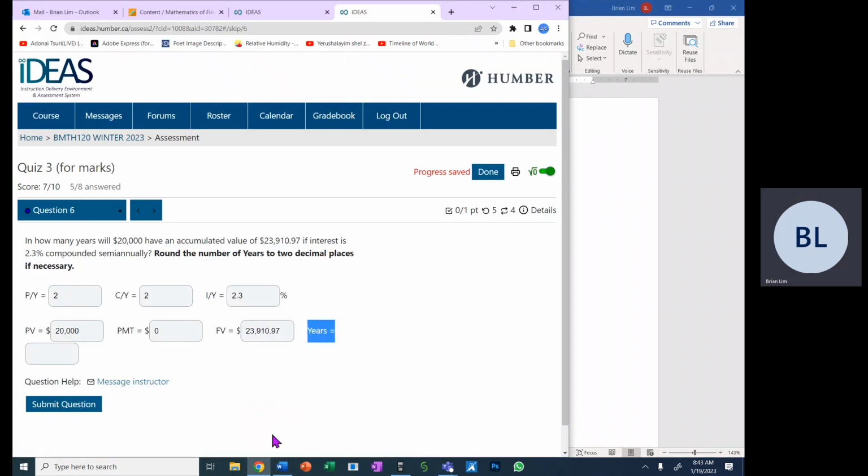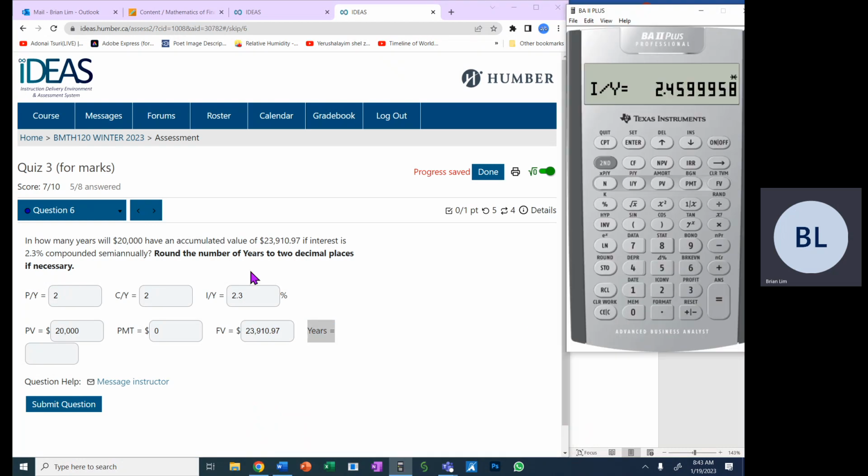So let's go back to the question, go to the calculator. We'll input our values. We have second IY, so PY is 2 and CY is also 2. Let's put 2.3 for the interest rate, that's IY. The present value is 20,000.